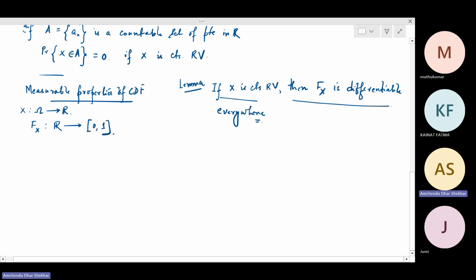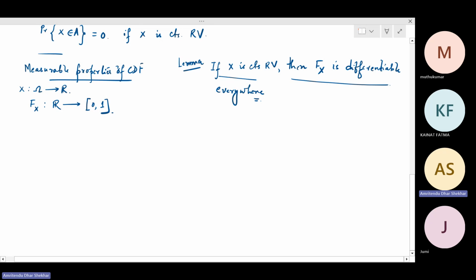Okay, so let us think. Let us take a random variable whose CDF function looks like this.